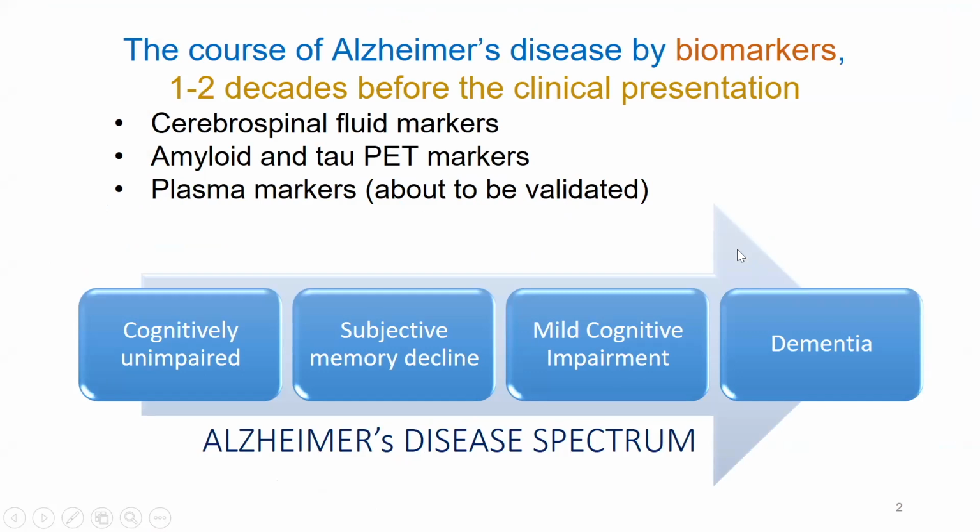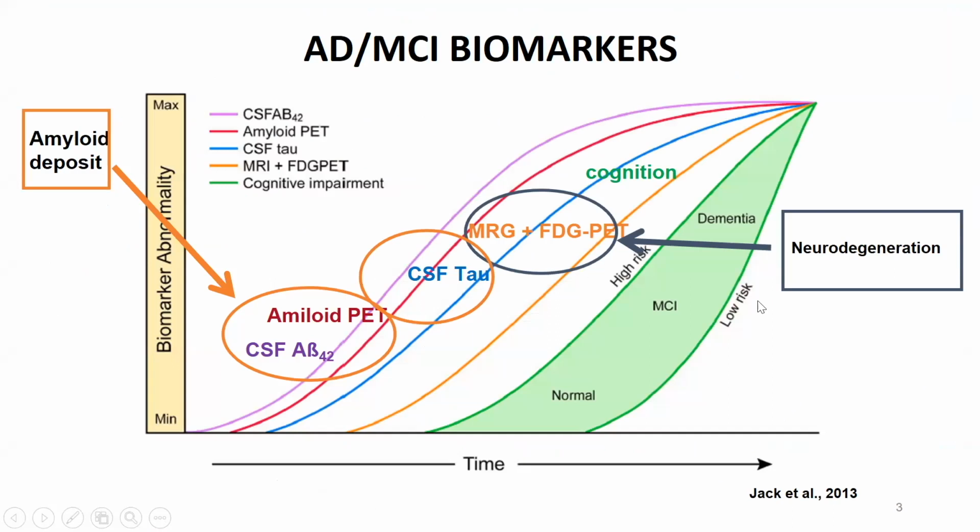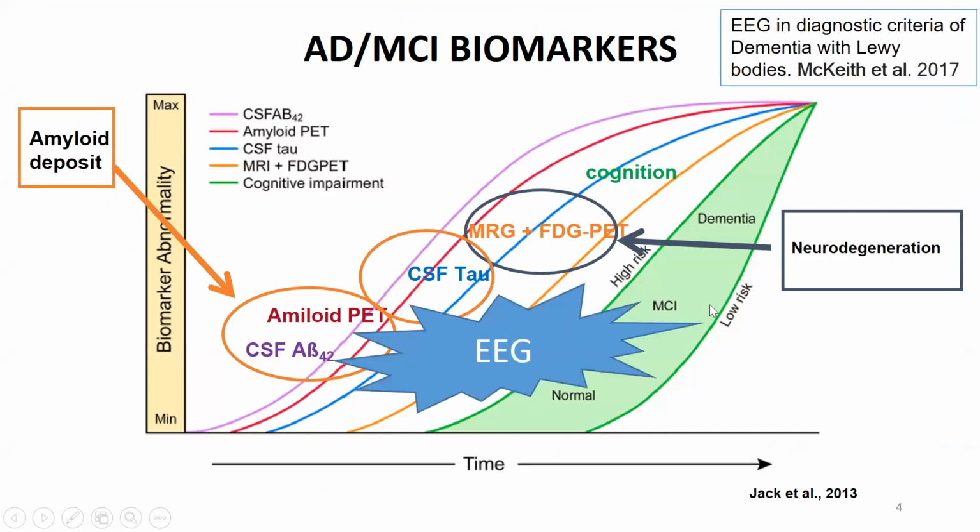And there are amyloid, tau, and neurodegeneration markers, but our group aims to put EEG into this frame if we can, and we are trying hard for it, because we have a nice example. In 2017, EEG became part of diagnostic criteria in dementia with Lewy bodies.